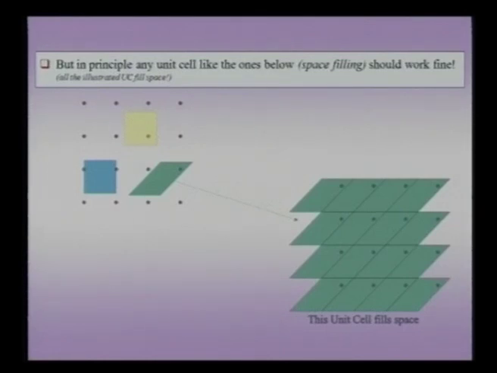A nice way of understanding this is that the one nice thing which comes out of taking unit cells like this is that these unit cells are primitive, because clearly there is just one included lattice point inside the unit cell. There is one included lattice point inside the yellow unit cell, there is one included lattice point inside the green unit cell. In the case of the blue unit cell, there are 2 halves contributing to the 1 lattice point per cell.